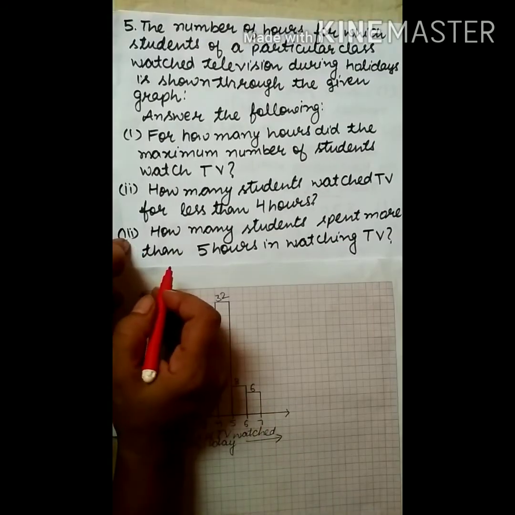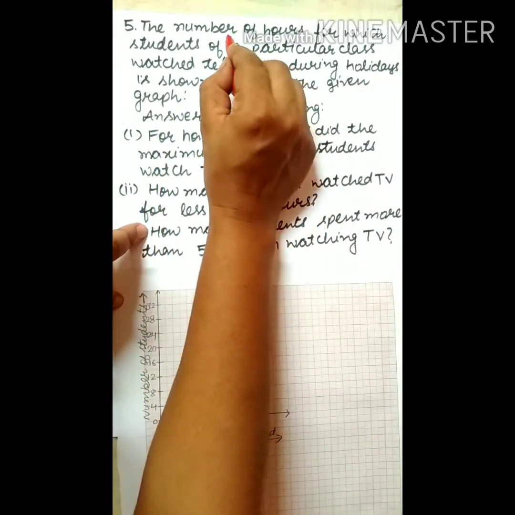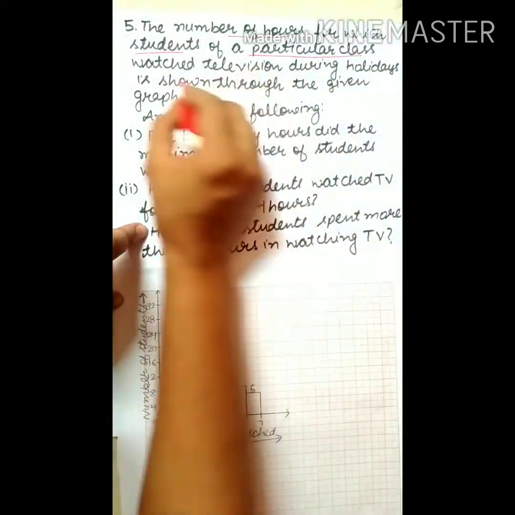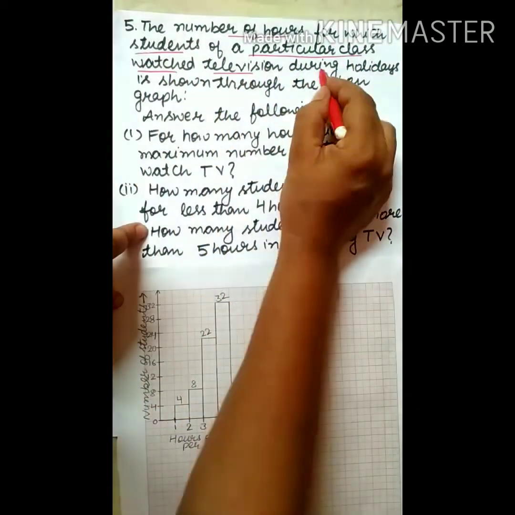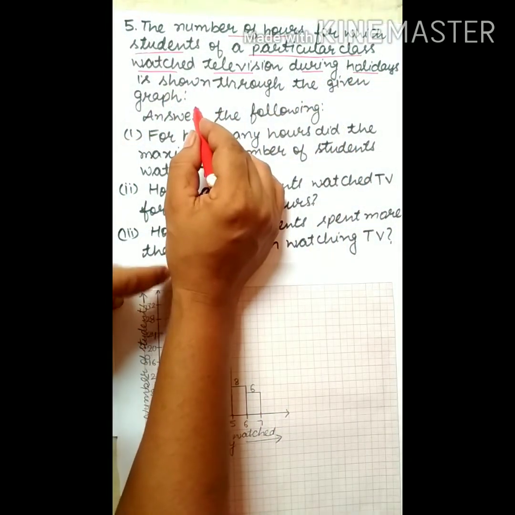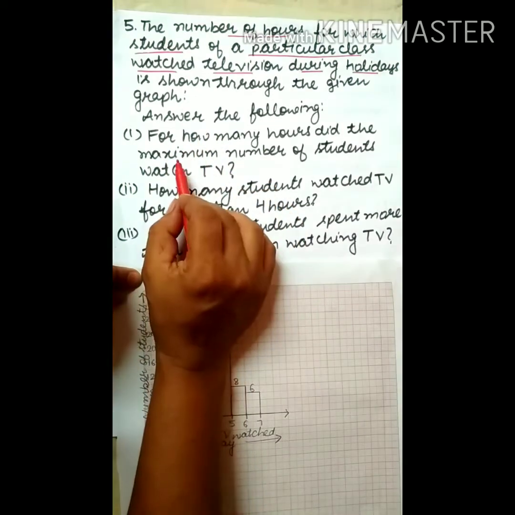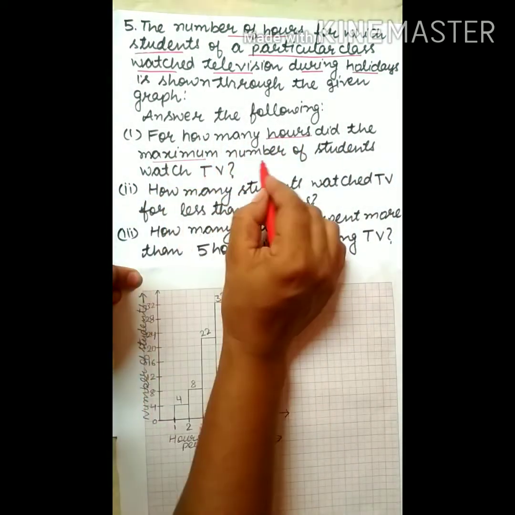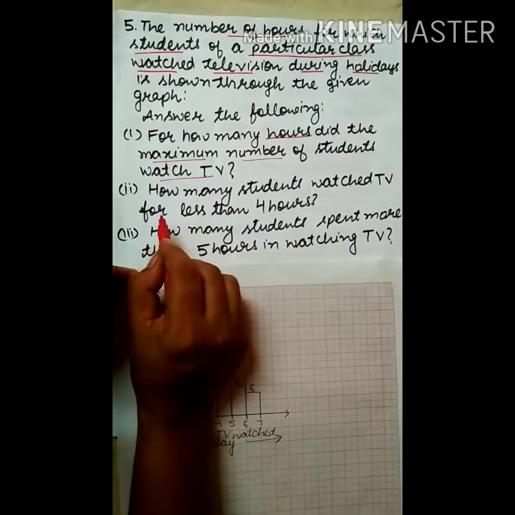Next is question number 5. The number of hours for which the students of a particular class watched television during holidays is shown through the given graph. Answer the following. For how many hours did the maximum number of students watch TV?